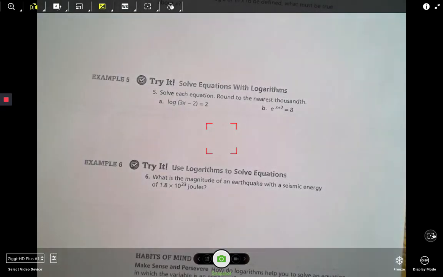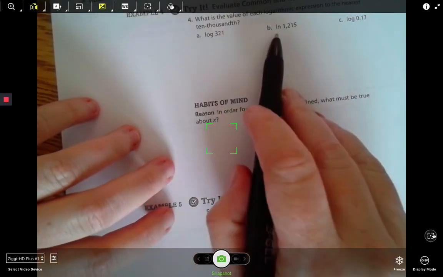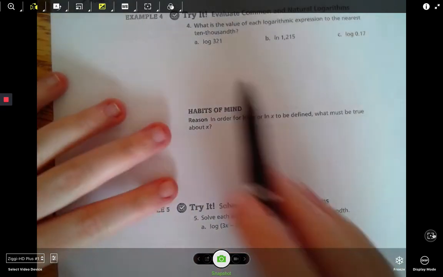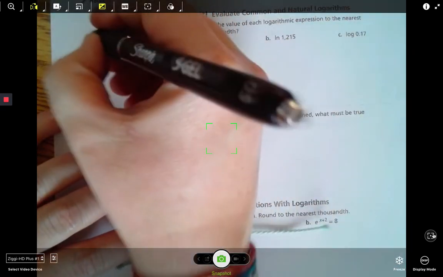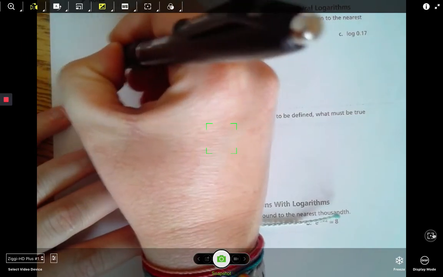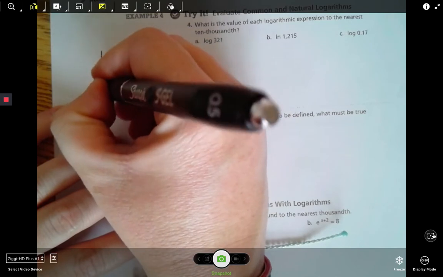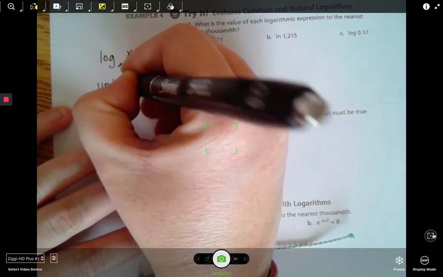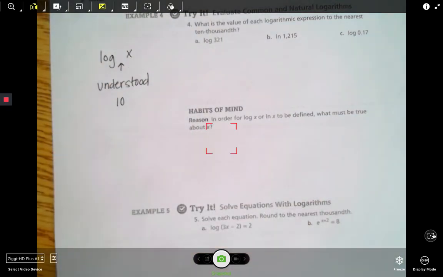All right, in example 4, you see we have both log and natural log. Well, this is log and this is natural log. If you see just log of x, there is an understood base, understood to be a 10.